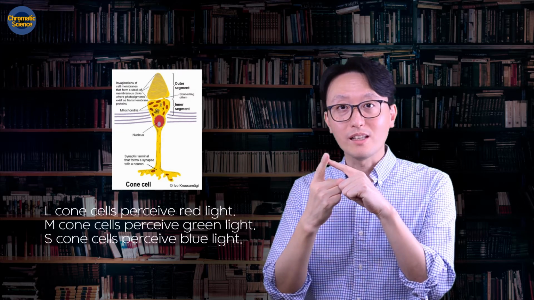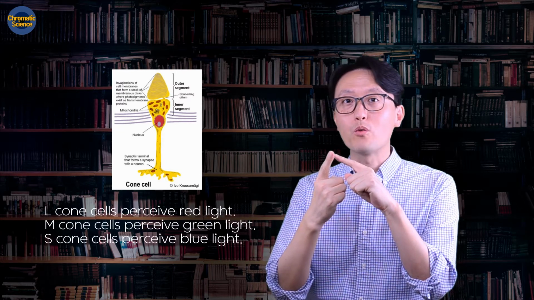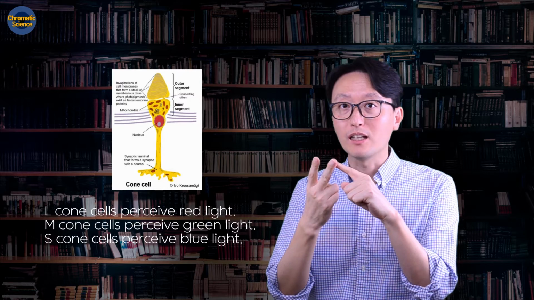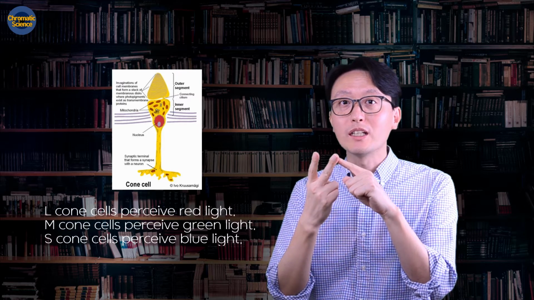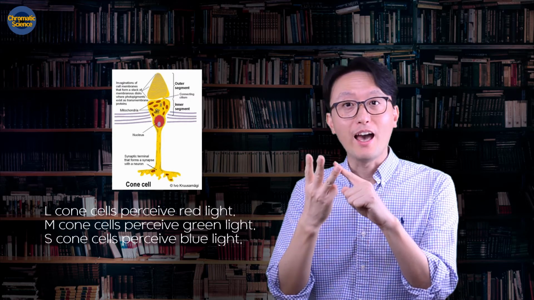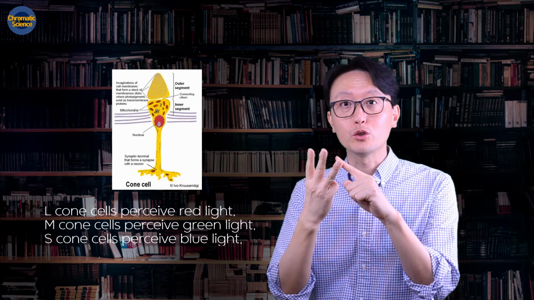The L cone cells are sensitive to red color. The M cone cells are sensitive to the green colors. S cone cells are sensitive to the blue colors. Now, I guess you already noticed where the three primary colors of light came from.